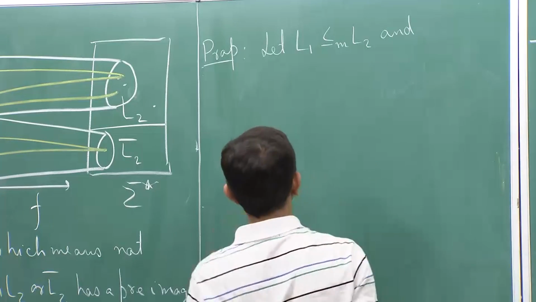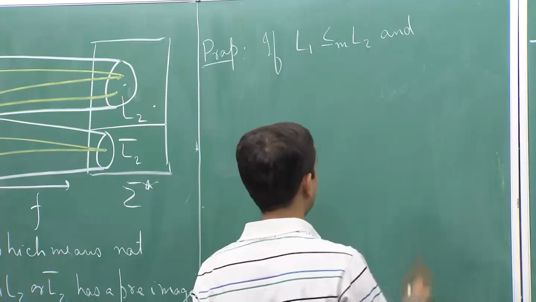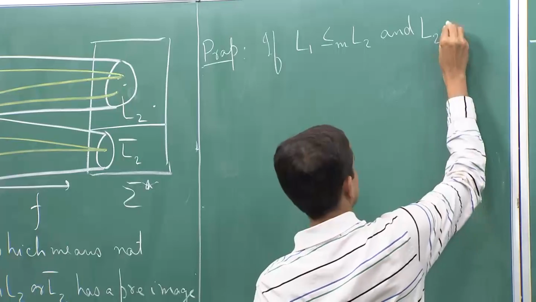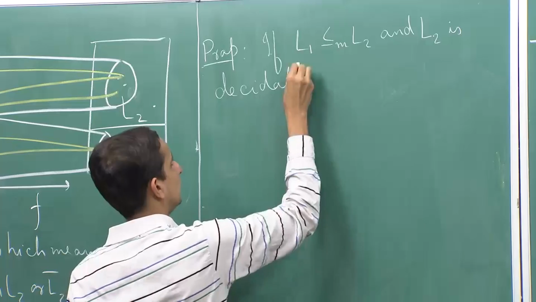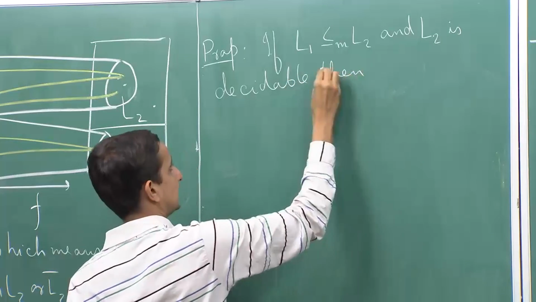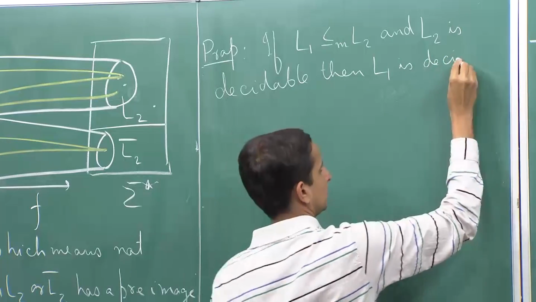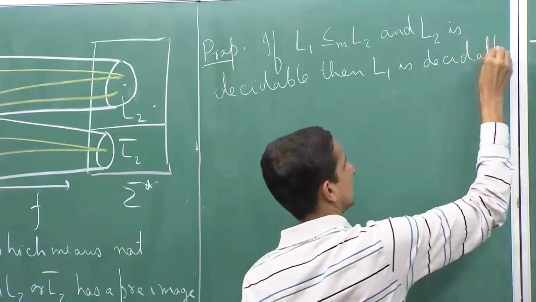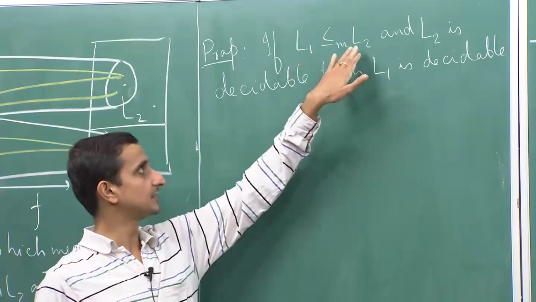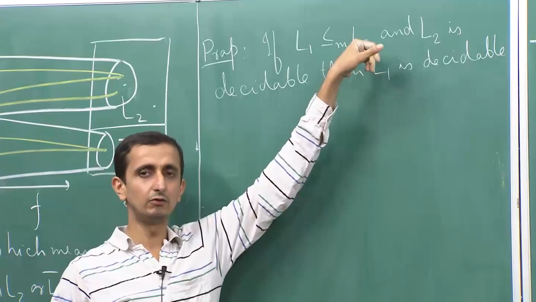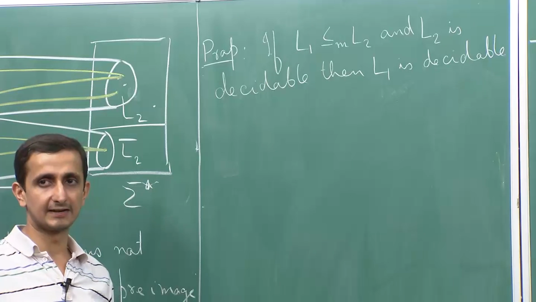If L1 reduces to L2 and L2 is decidable, then L1 is also decidable. So if I am able to reduce a language L1 to a language L2 and I know that L2 is decidable, then it means that L1 is also decidable.